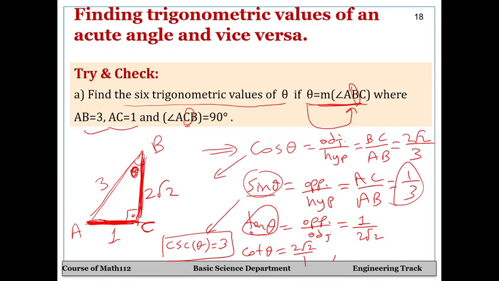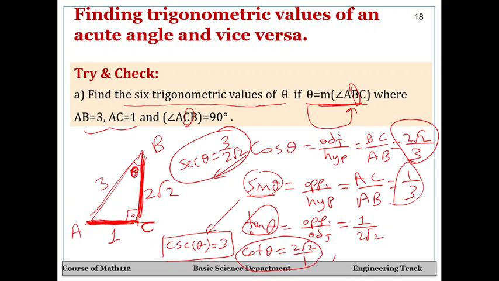And for secant, you can use cosine theta. So secant theta is equal to 1 over cosine theta, you flip this one, and then you got 3 over 2 square root 2. So we got all the trigonometric values of theta.